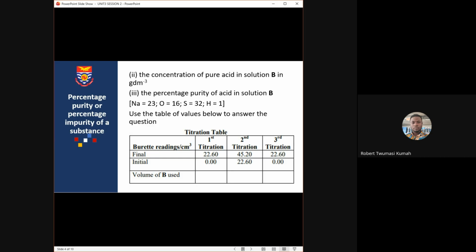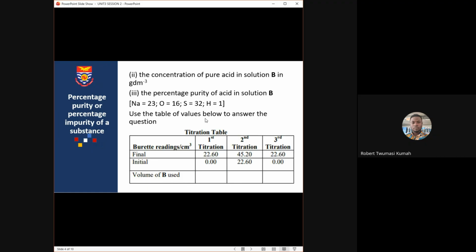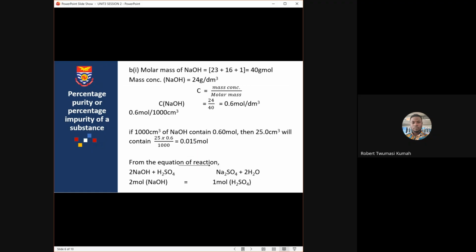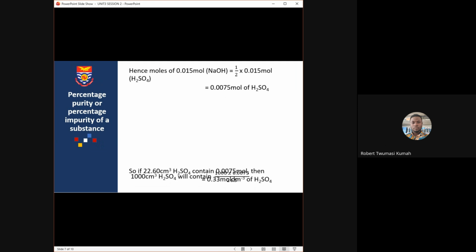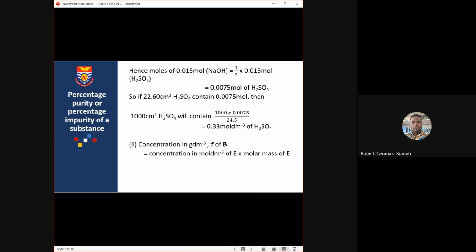This is the concentration. So now let's go back to the question and look at something. We were given the mass concentration, 37.6. So we can find the mass concentration of the sulfuric acid so that we can divide by this total and multiply by 100, and we are done. So we can now convert this one into mass concentration.